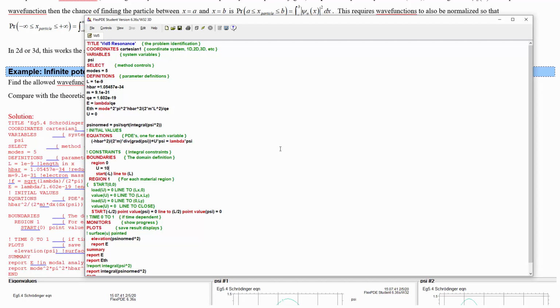U is equal to 10. Not 10 electron volts, but 10 joules, which is just massive compared to the energy that the electron has inside the well. Now we're going to get rid of the load conditions here.